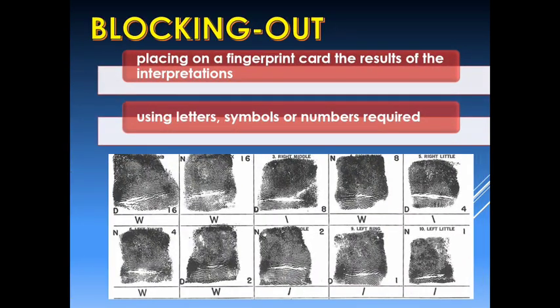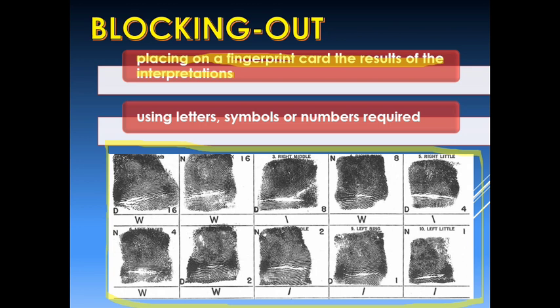So finally, we are now on the blocking out. Blocking out is the placing on a fingerprint card the result of the interpretation of the 10 patterns from the fingerprint card. So if this is our fingerprint card, we are going to place the interpretation. What are those interpretations?